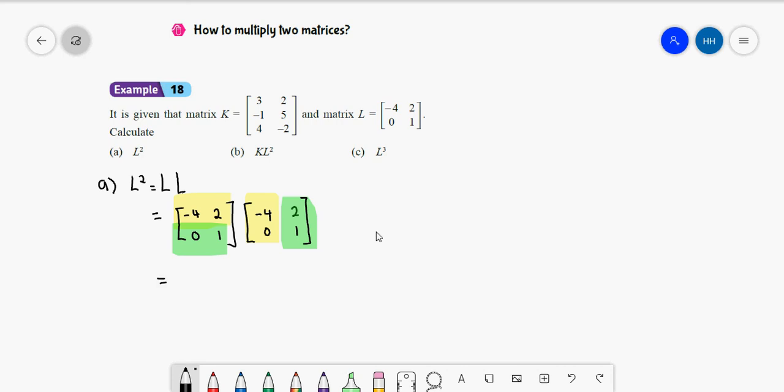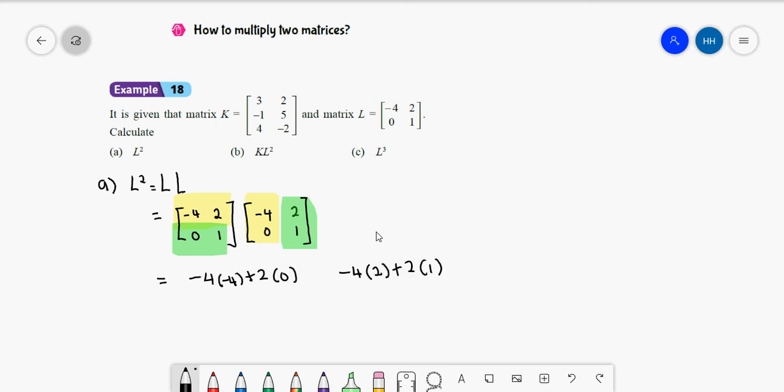For the first row and first column, -4 plus 2, and the first column is -4 and 0. For the first row and second column, -4 plus 2, but the column is 2, 1.